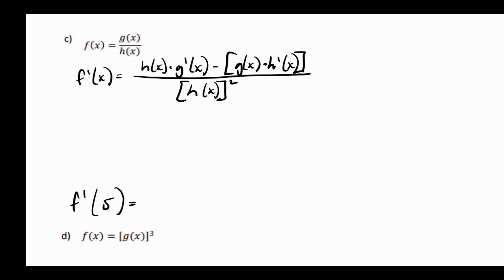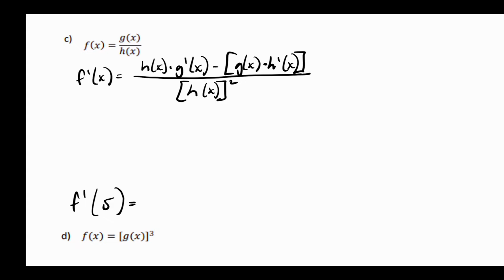So you have g of x divided by h of x. Find the derivative. That's quotient rule. Low times the derivative of the high minus the high times the derivative of the low, all over the low squared.